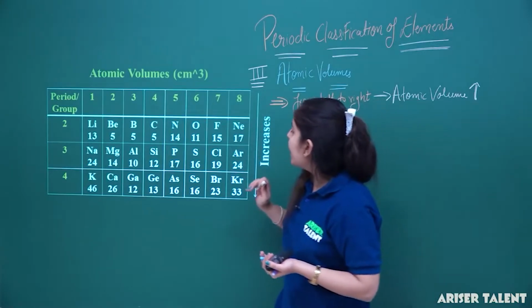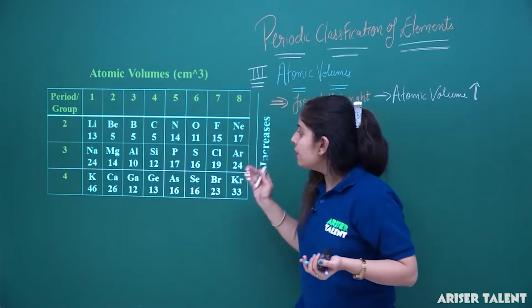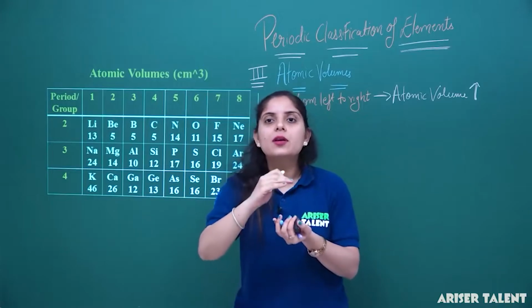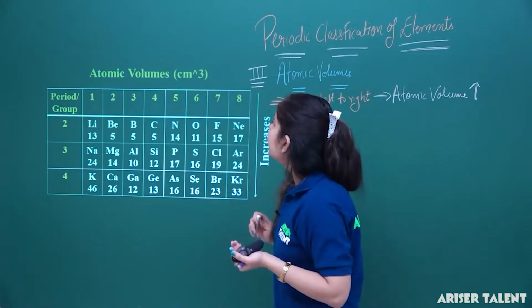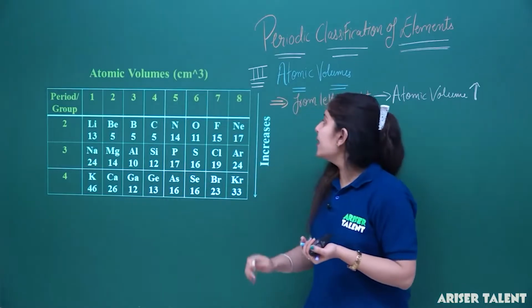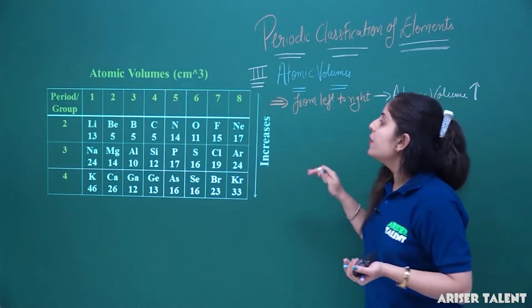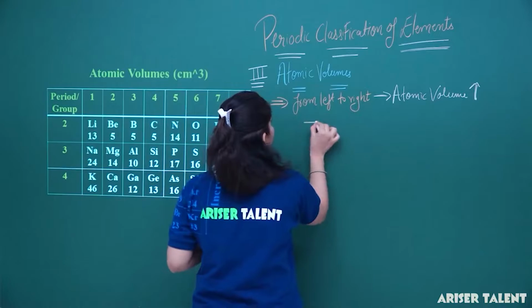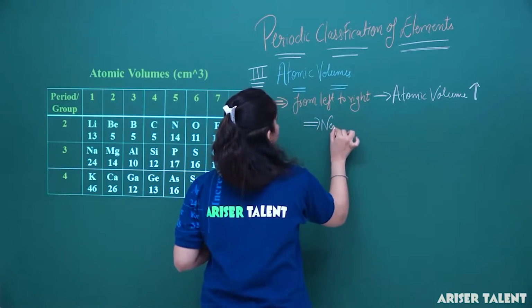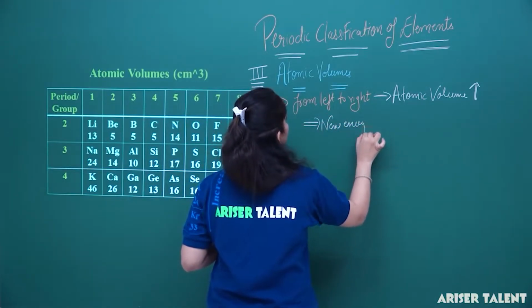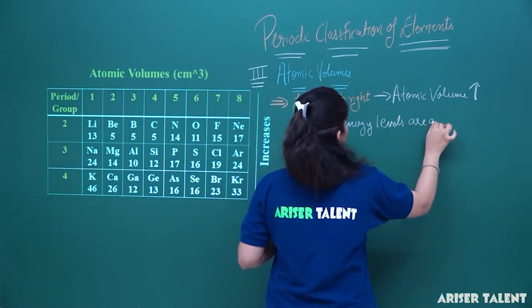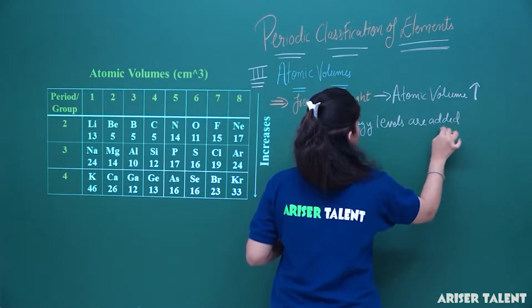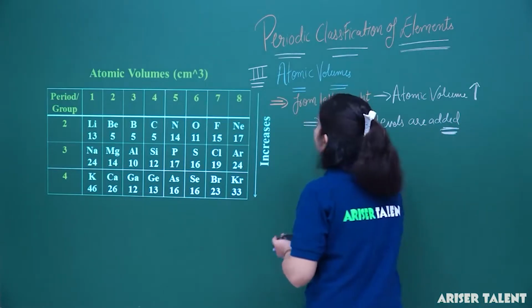So we can say that it is following a gradual trend. It means there is not a purely increasing or decreasing part; it has some uncertain increment or decrement. This is because of the addition of new energy levels.